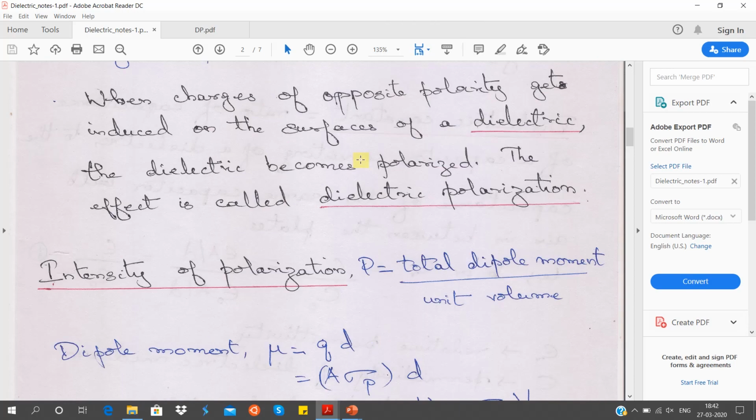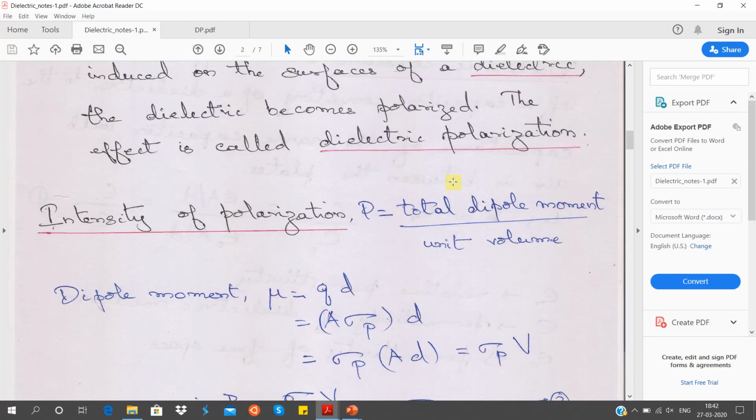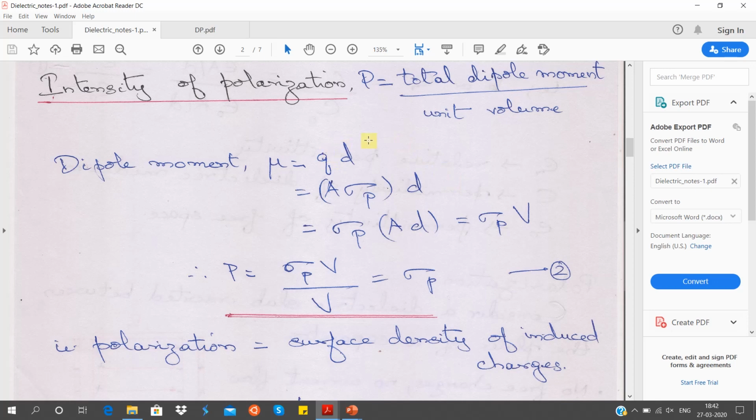In our case also you have the bound charges, all different in polarity, but their magnitude remains the same. So we consider the magnitude of the charge q multiplied by the distance of separation between the bound charges. That gives you the electric dipole moment.